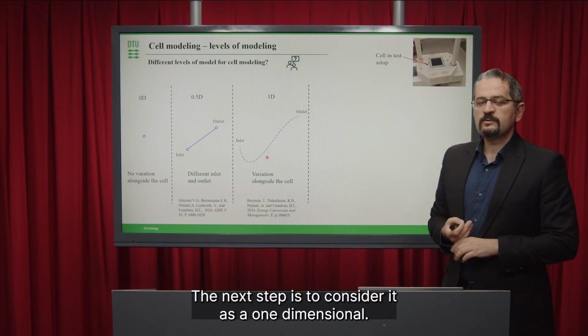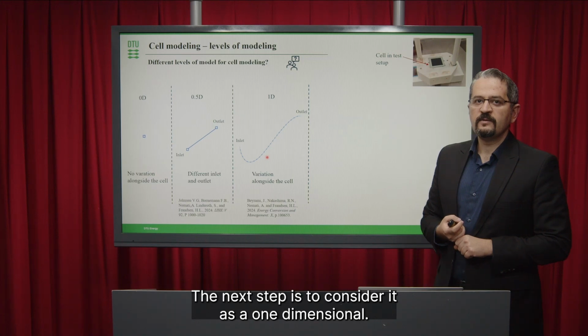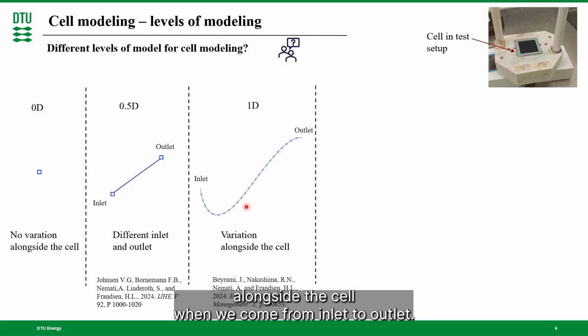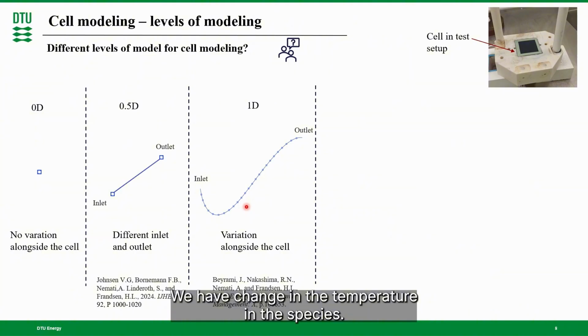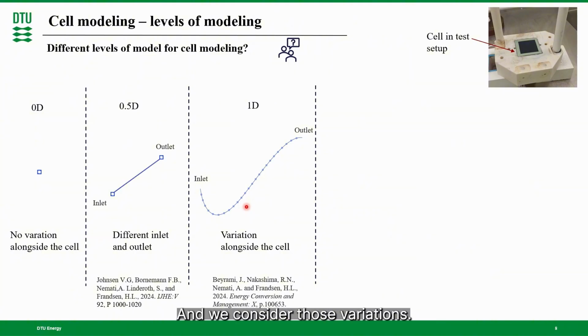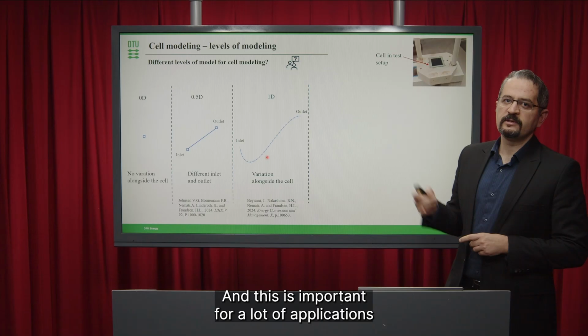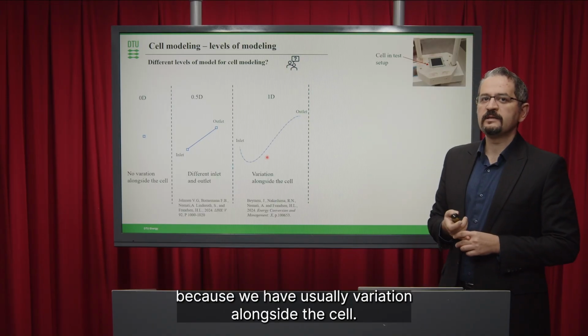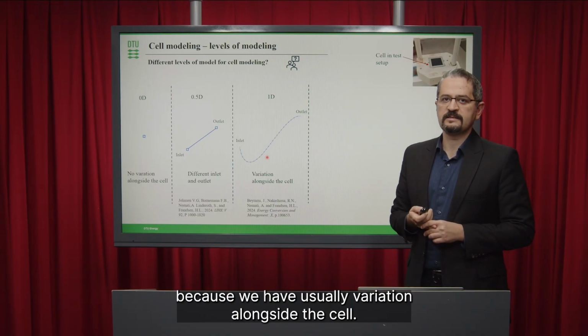The next step is to consider it as one-dimensional. So we think that we have variation alongside the cell when we go from inlet to outlet. We have change in the temperature and the species, and we consider those variations. This is important for a lot of applications because we usually have variation alongside the cell.